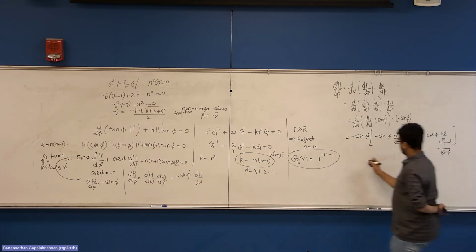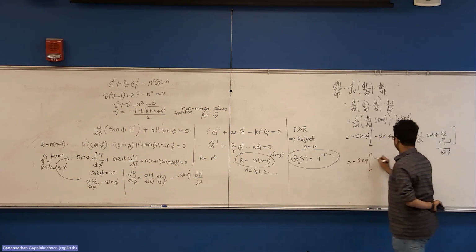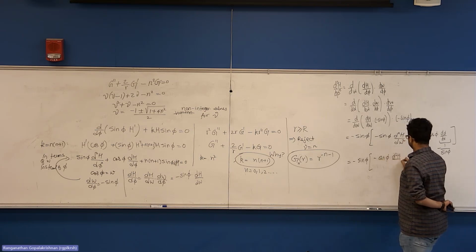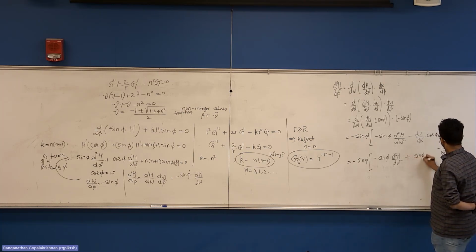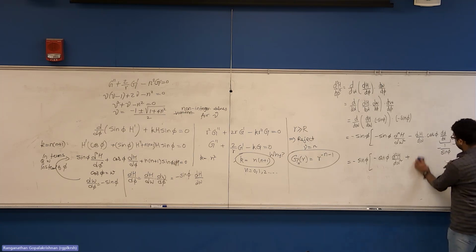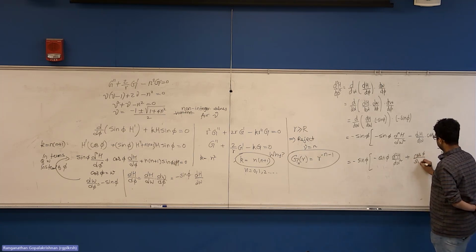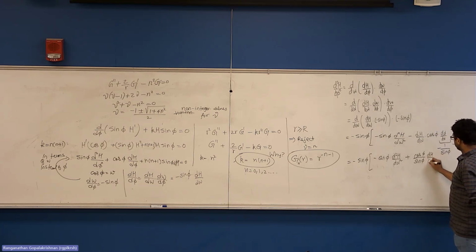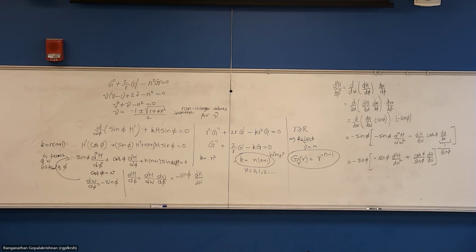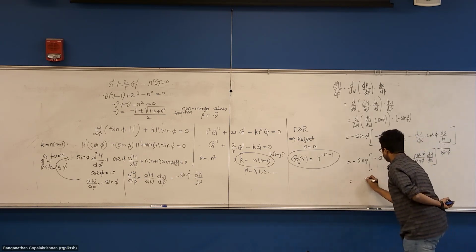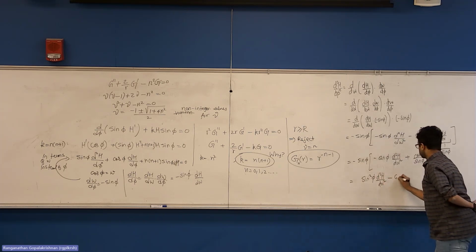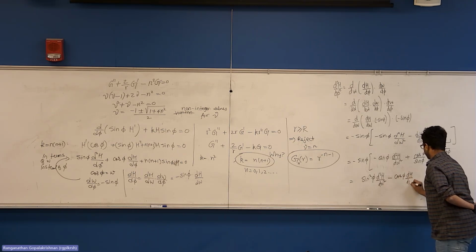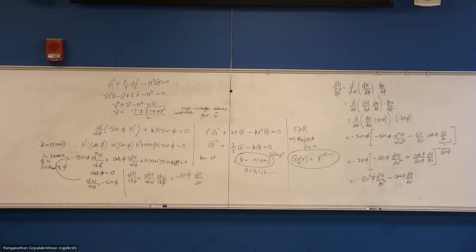Okay, so now we would have minus sine phi second derivative, and then I would have plus cos phi times sine phi, or divided by sine phi times dh over dw, which would be sine squared phi d squared h over dw squared minus cos phi dh over dw. Okay.